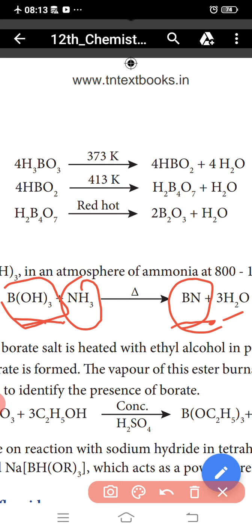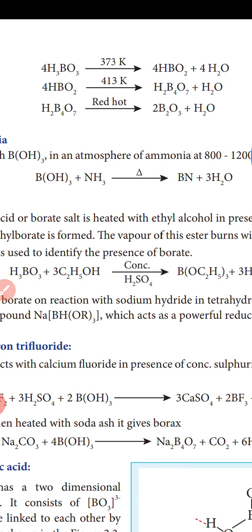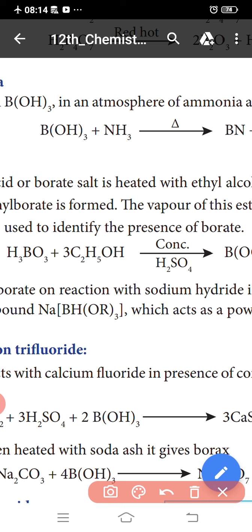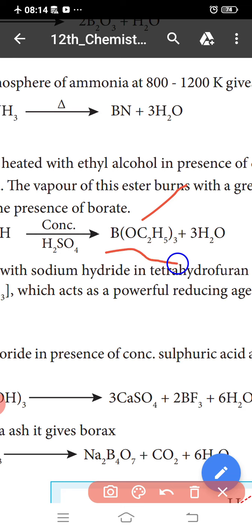The next one, discuss the ethyl borate test. When boric acid or a borate salt is heated with ethyl alcohol, molecular formula C2H5OH, in the presence of concentrated sulfuric acid, H2SO4, an ester, triethyl borate, is formed.